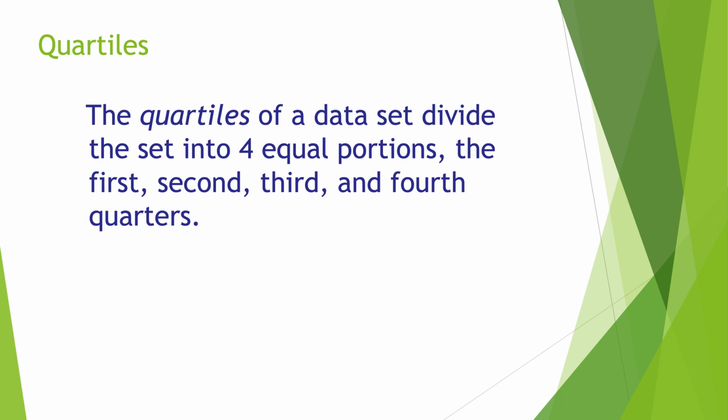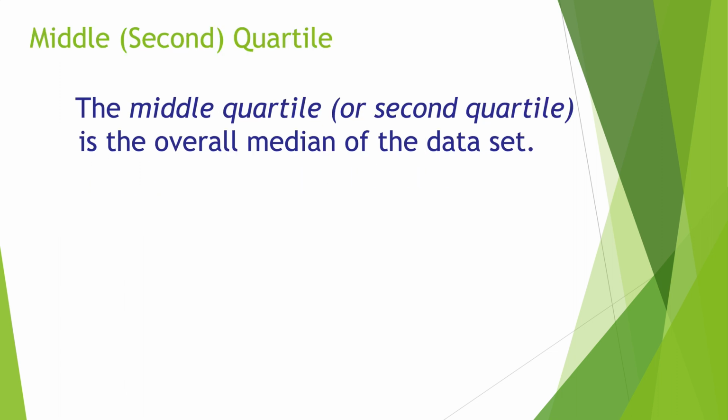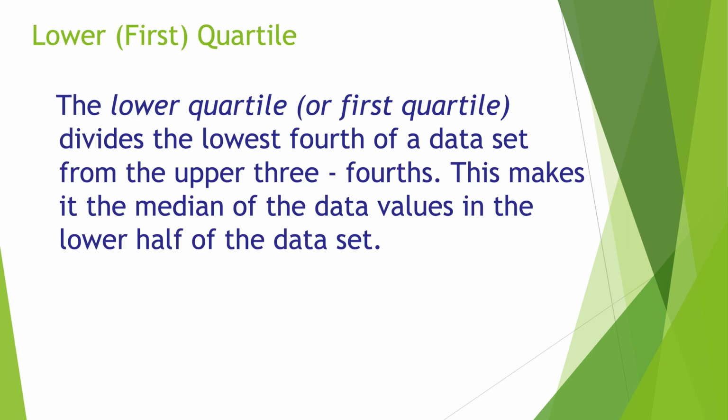We did these exact slides last week. The quartiles of a data set divide the data into four portions. That's why we call them quartiles, like four quarters in a whole. First, second, third, and fourth quarters. Now the middle quartile, or the second one, is the score that's in the middle, and we already call that the median.